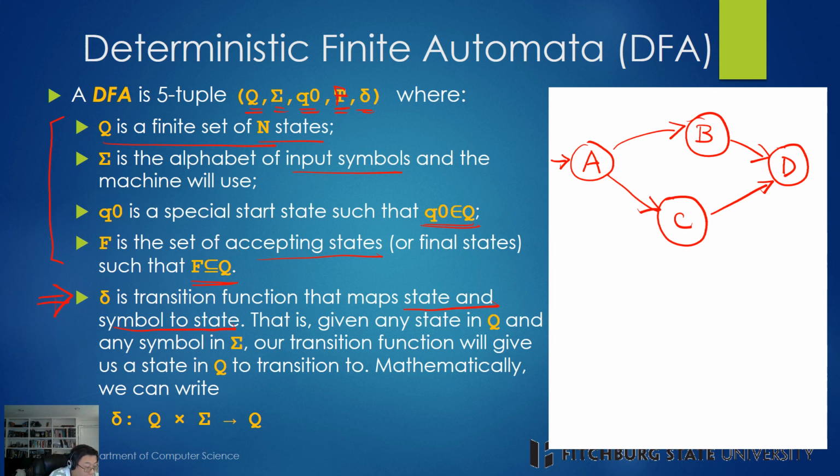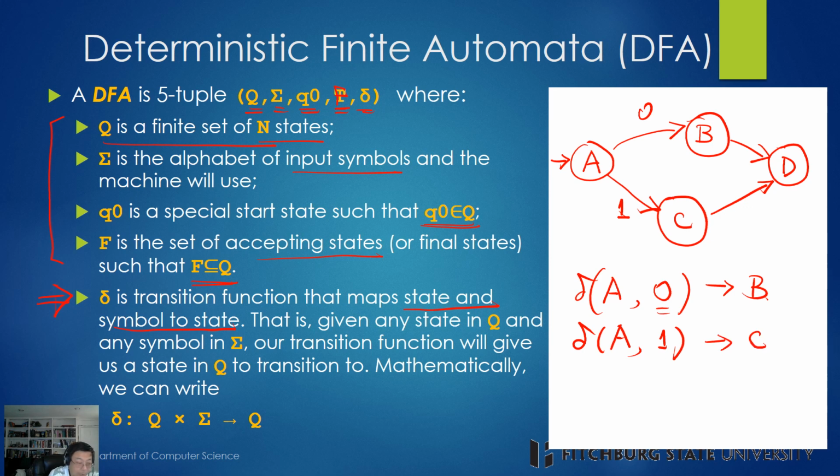The transition function says: given state A and the current symbol, for example 0, we map to B. If the current state is A and the current symbol is 1, we map to C.